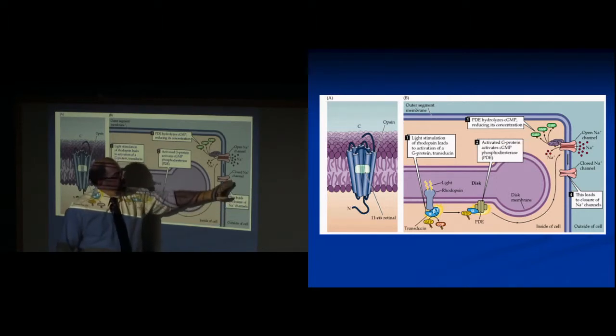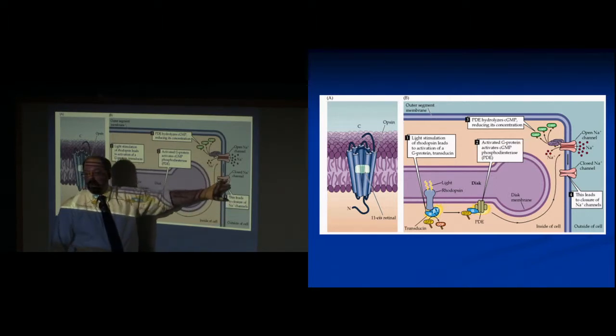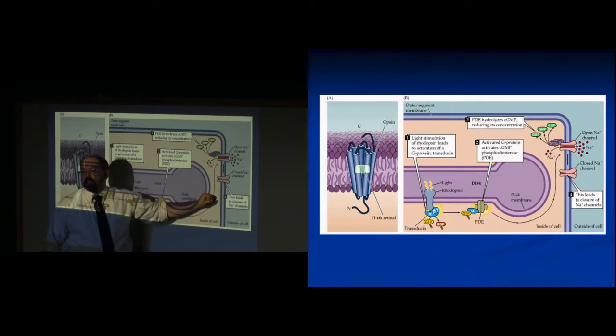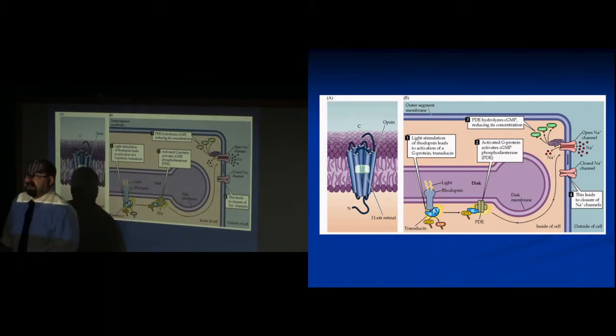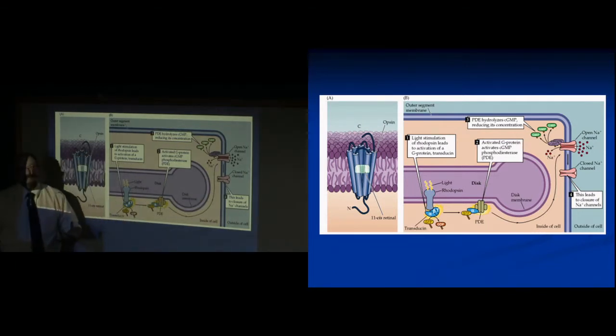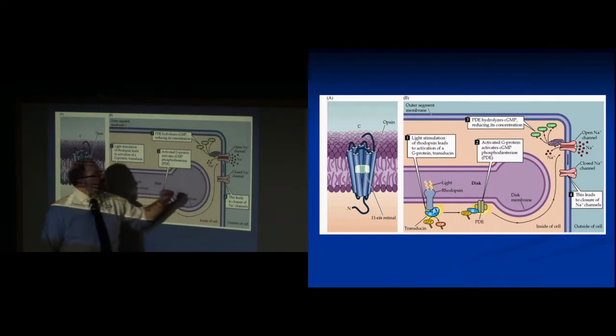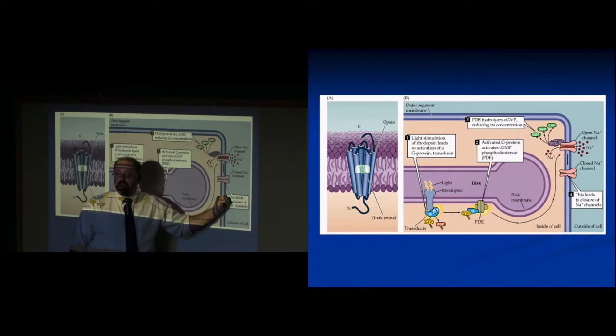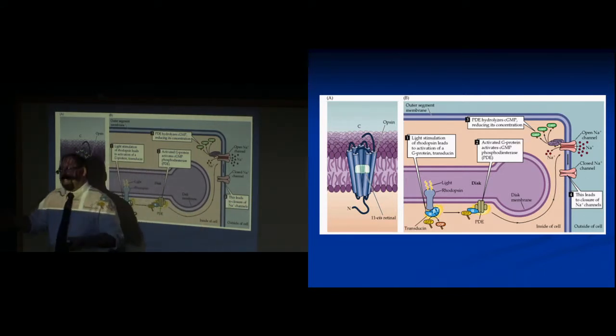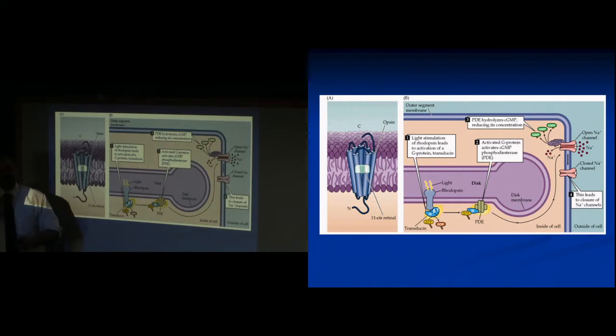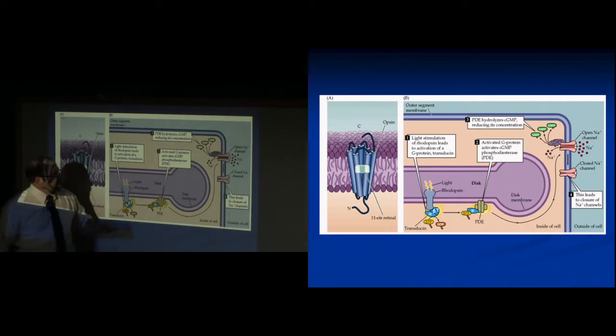So without sodium coming in and depolarizing it, right, my membrane potential is going to be more negative. Okay, so this is where things get a little screwy. Light hitting my photoreceptor results in a hyperpolarization. Now normally we think of a stimulus activating neurons, right? That's not what happens. Okay? Light's going to inhibit, it's going to hyperpolarize the photoreceptor.